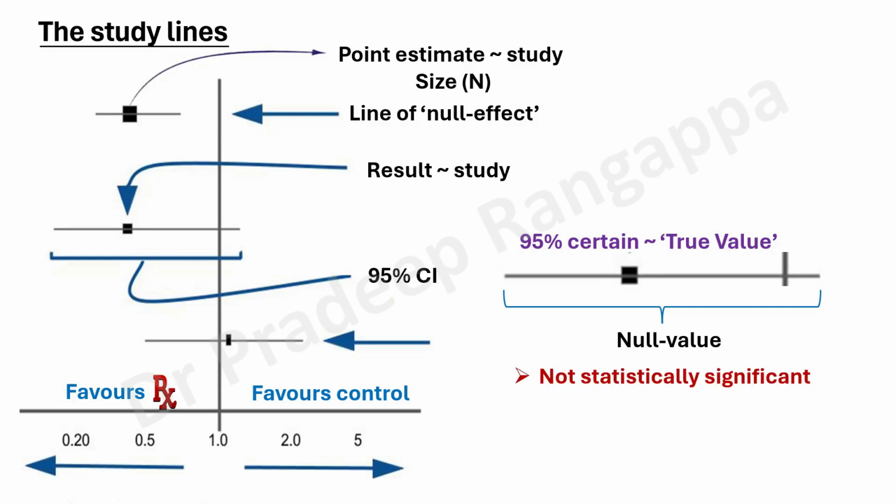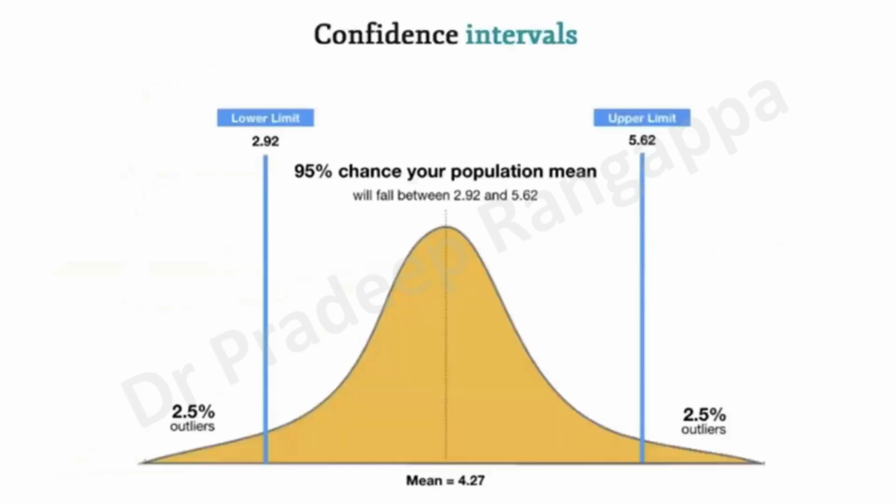The line of null effect, as I said, is 1 for odds ratio or relative risk, and 0 for standardized mean difference and absolute risk reduction. If this line crosses the line of null effect, the null value is possibly representing the true value and lying within that boundary, so it is not statistically significant. That is the importance of understanding the 95% confidence interval.